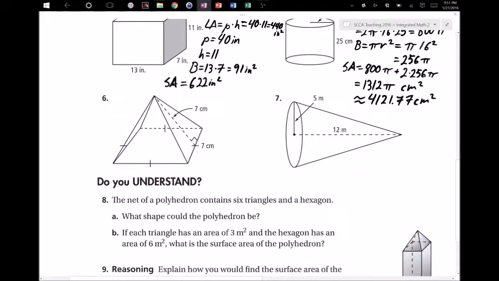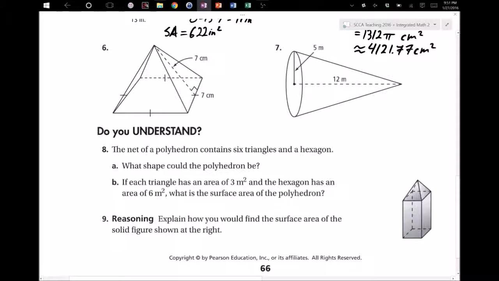And then moving on to problem number 6, our surface area, once again, is the lateral area of a pyramid, but our base, we only have one base. So make sure you only include one base. Our lateral area is equal to 1/2 of the perimeter times the slant height.